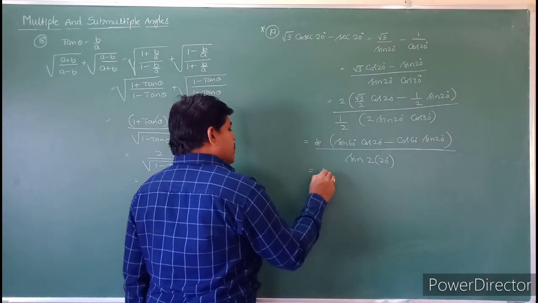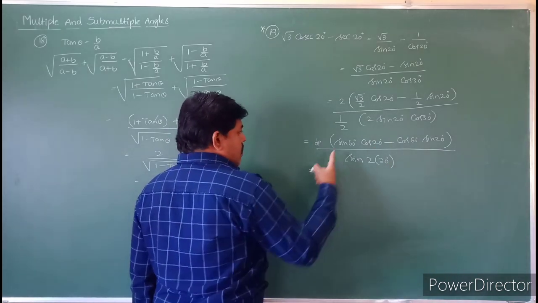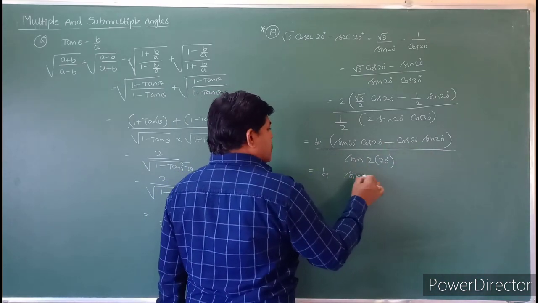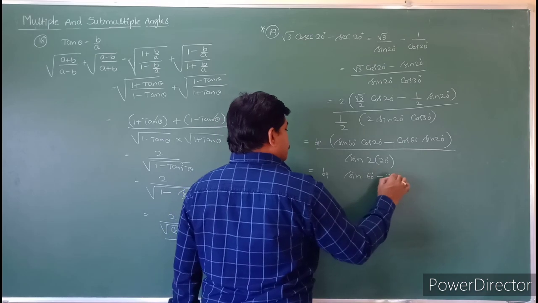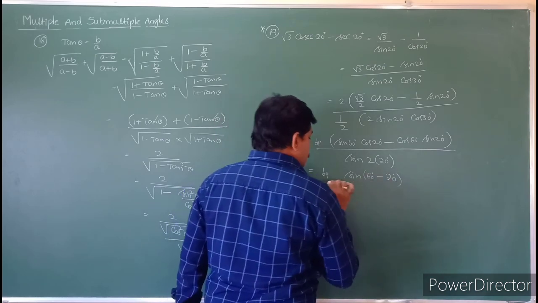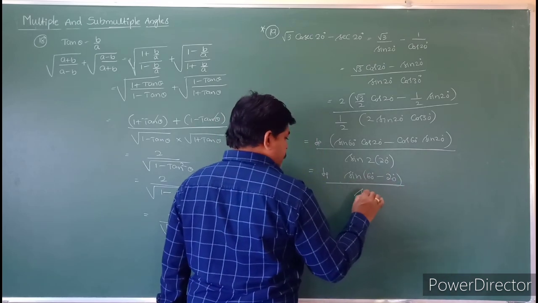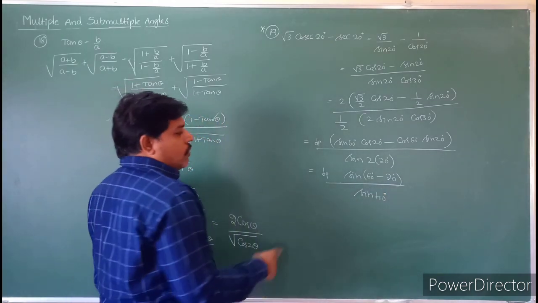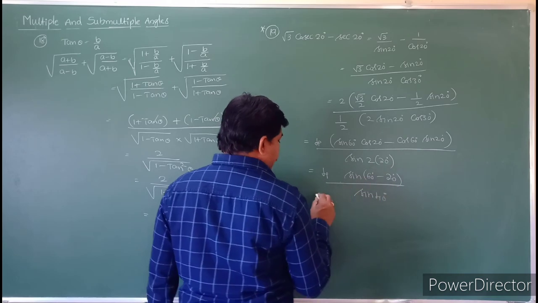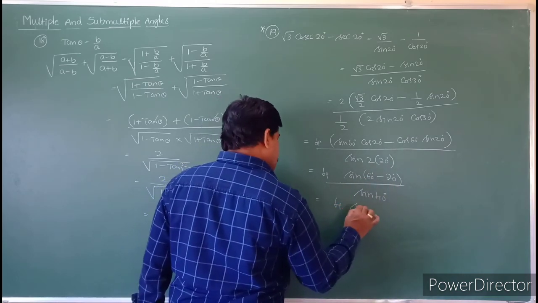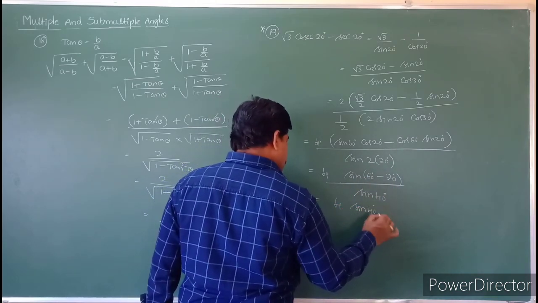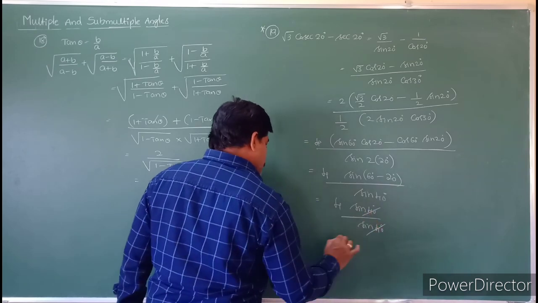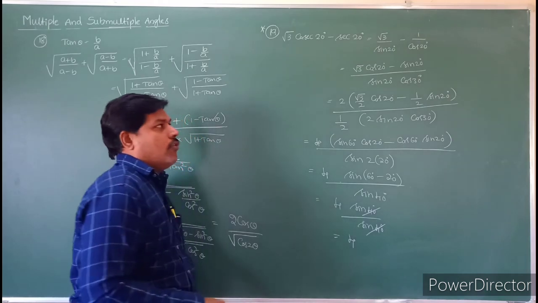So what happens, students? 4 into sin A cos B minus cos A sin B will become sin of A minus B, that is sin 40. So sin 60 minus 20 is sin 40. So the answer is 4.